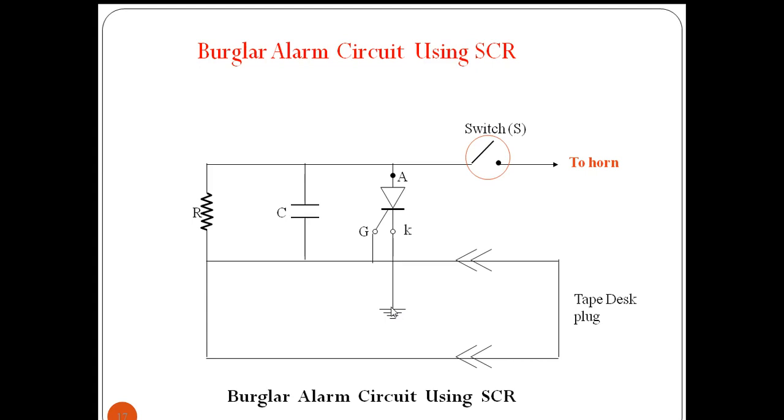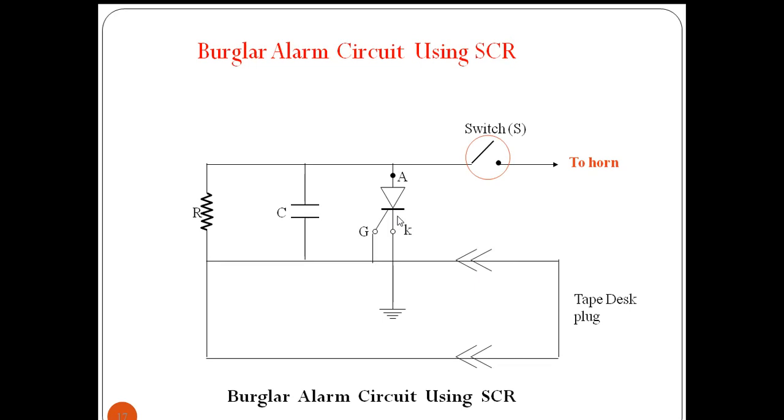Now we will discuss the circuit operation of this burglar alarm. Normally this tape deck plug is connected like this. Whenever this tape deck plug is closed, the gate circuit will be connected to ground. So the SCR will not conduct.